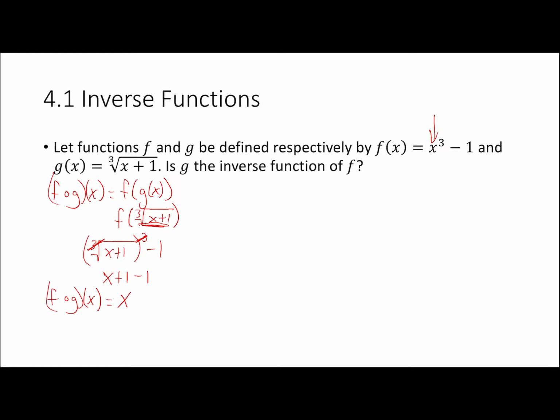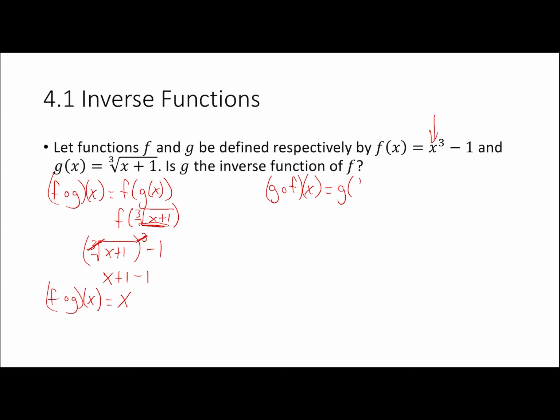Now, it's not enough to just show that composition. We've got to show the other one too, where we take f and put it in function g. And more than likely, it's going to work out too, but we need to make sure that we do both of these. And so we're going to find g of f of x.